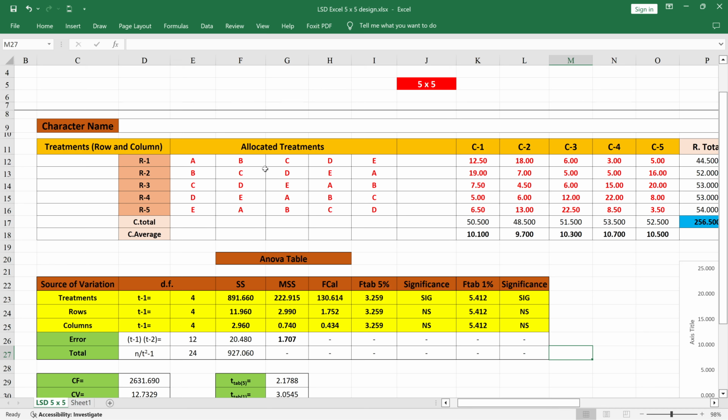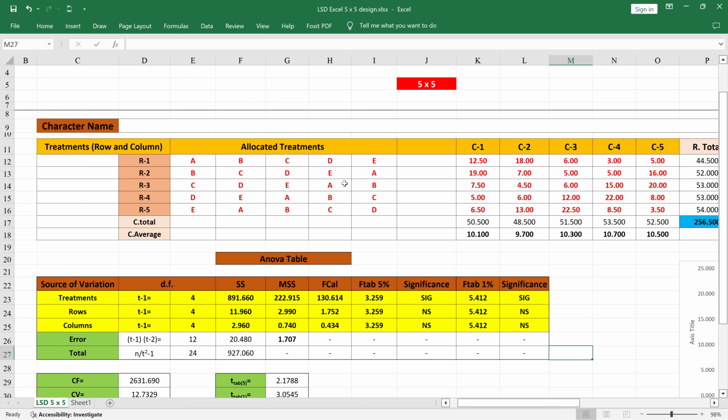You can see here the allocated treatments. We can allocate the particular treatments with a symbol like A, B, C, D, or whatever it may be. If you want to give numbers for this, you can give that.